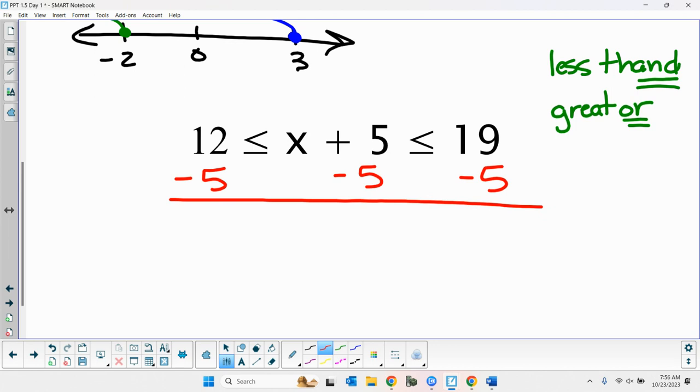Just make sure you do it to everything, whatever you did to get x alone. So you can write them separate, or you can do it like this. And then you're done. You just have to do your graph now.